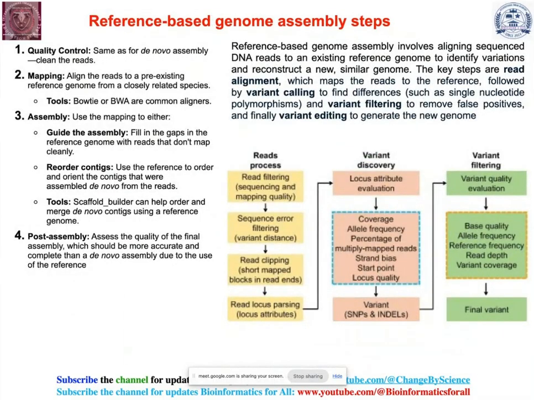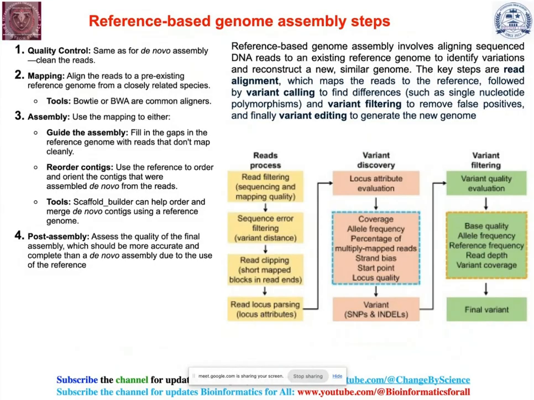Now, in reference-based genome assembly, the first step remains the same, but here you immediately jump to mapping, assembly, then post-assembly. You don't need much explanation here because it is very clear that reference-based genome assembly involves aligning the sequenced DNA reads to an existing reference genome to identify variations and reconstruct a new similar genome.